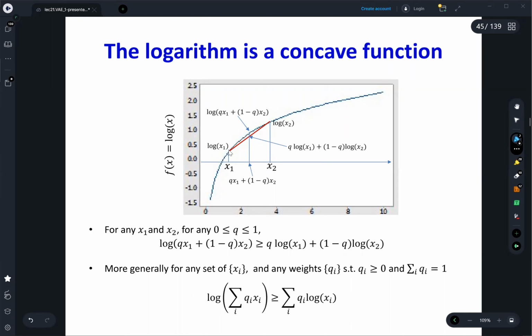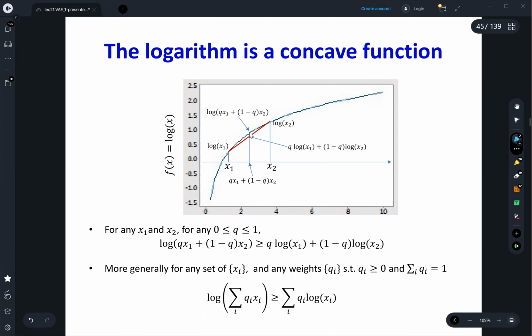Now this here is log of X1, this here is log of X2. If I draw a line connecting the two, the value on the line at this Q X1 plus 1 minus Q X2 is simply going to be the weighted average of log of X1 and log of X2. So this point here on the red line is going to be Q times log of X1 plus 1 minus Q times log of X2.